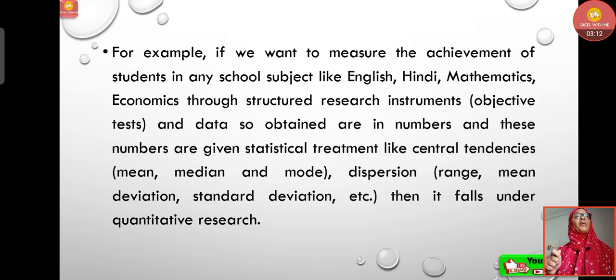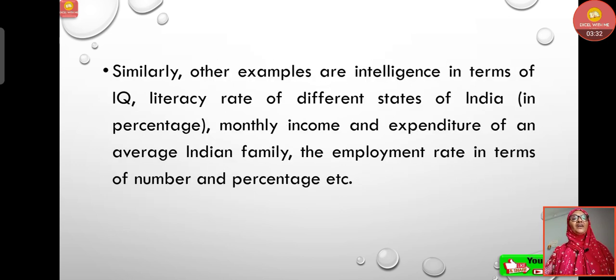We have to remember this whenever we use any tool or instrument: we do all the statistical treatment, apply the central tendency measures, or take the dispersion, and then we come to the tests and hypothesis testing. That is quantitative research.